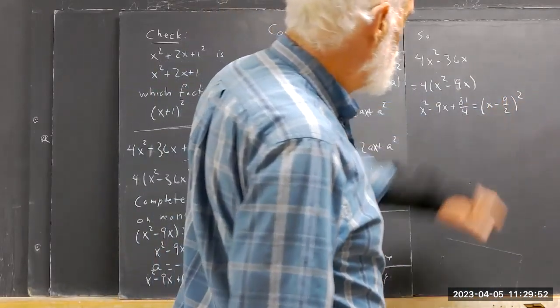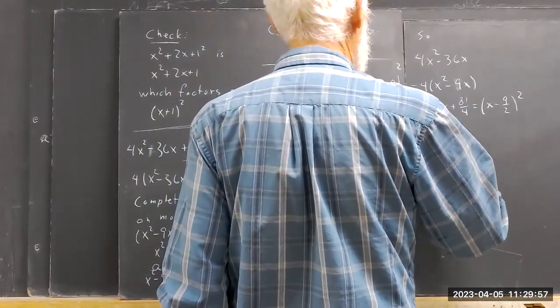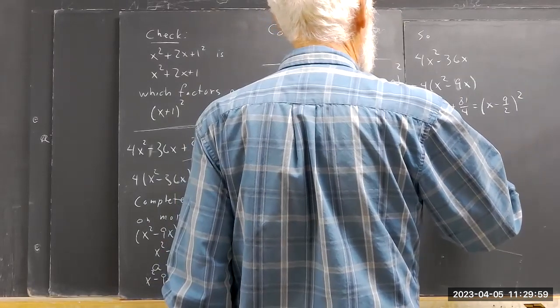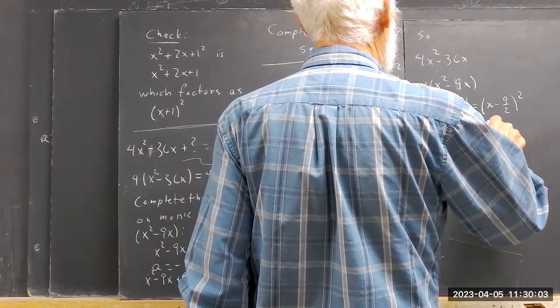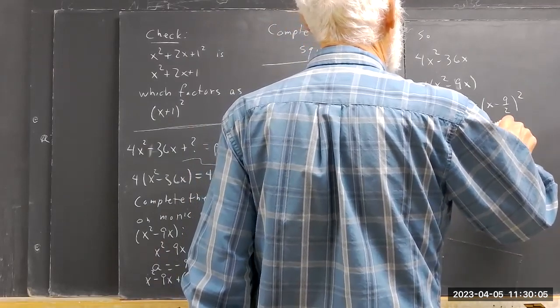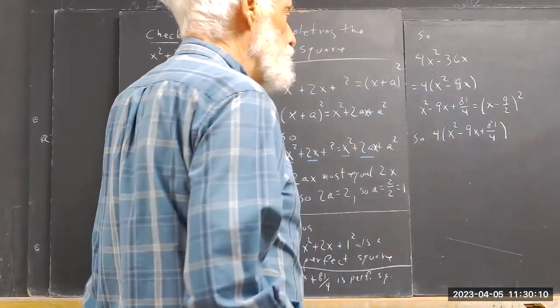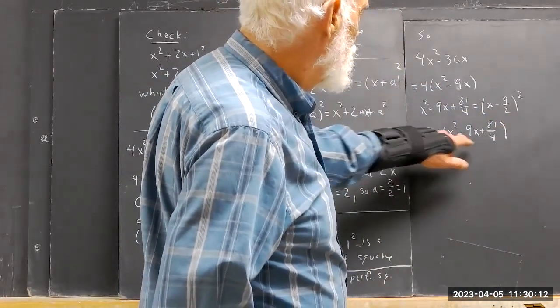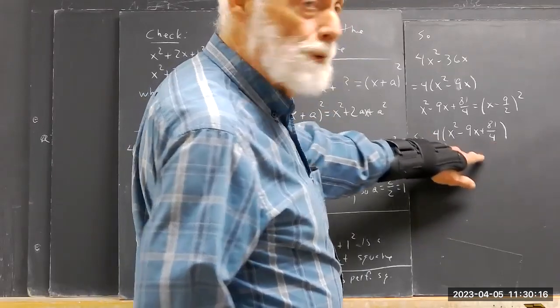This equals x minus 9 halves squared. So this is a perfect square. So 4 times this is a perfect square.